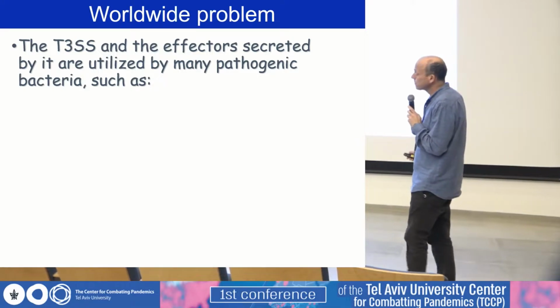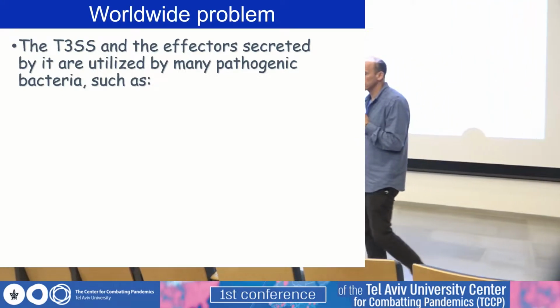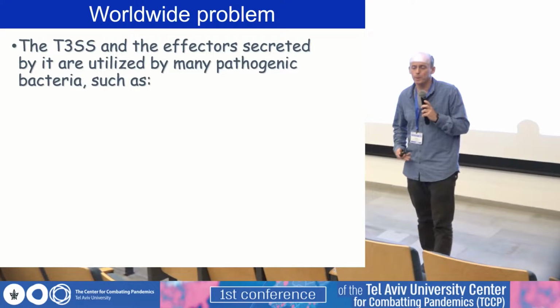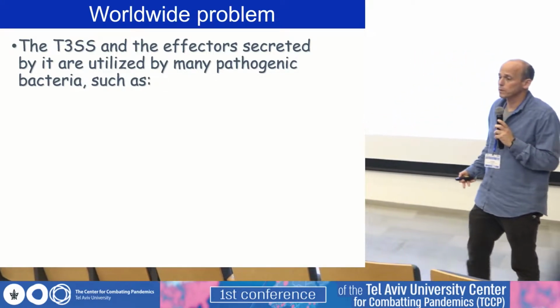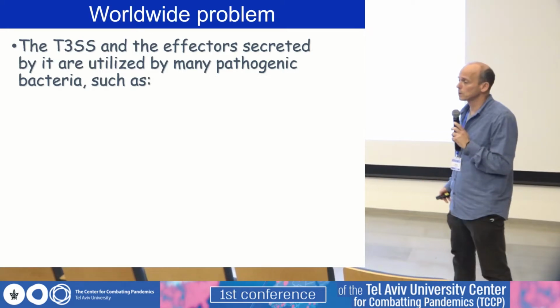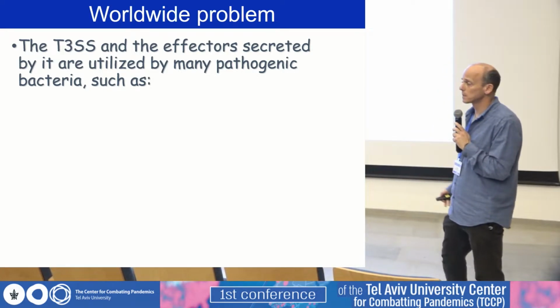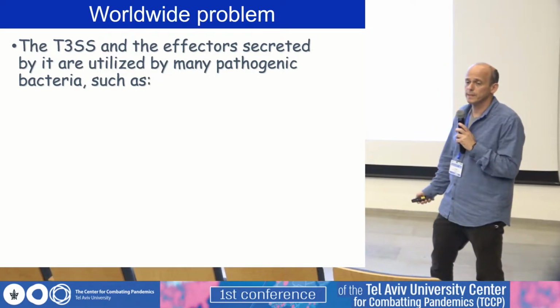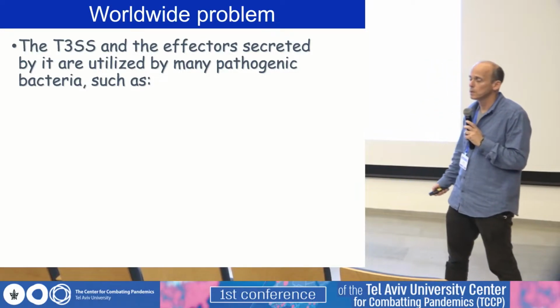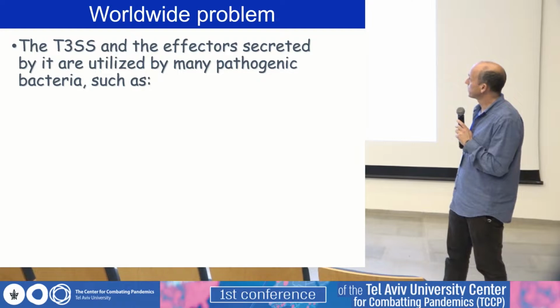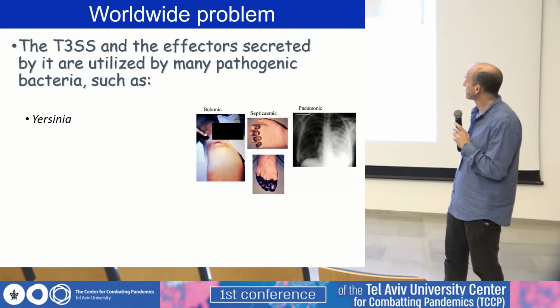Okay, so my goal in my research is to understand how pathogenic bacteria actually do what they do. And one of the first goals in order to understand the pathogenicity at the molecular level is to identify the effectors, which genes encode effectors that are secreted by the type 3 secretion system.